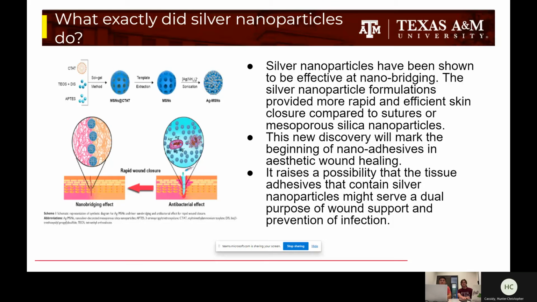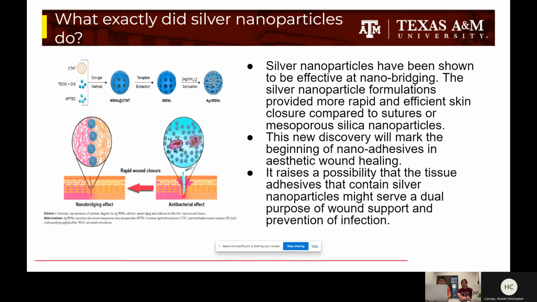What exactly did silver nanoparticles do? Silver nanoparticles have been shown to be effective at nanobridging. The silver nanoparticle formulations provide more rapid and efficient skin closure compared to sutures or mesoporous silica nanoparticles. This new discovery will mark the beginning of nanoadhesives and aesthetic wound healing, which reduces scars of minor abrasions and cuts.